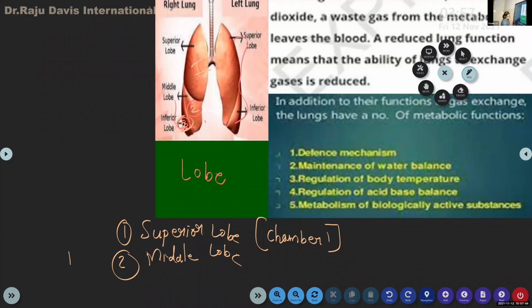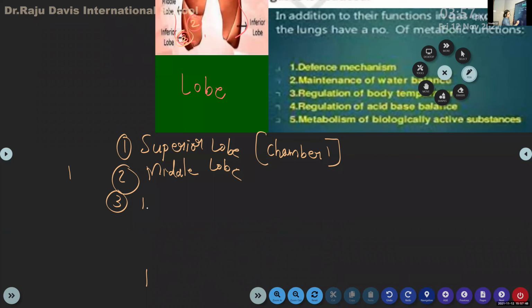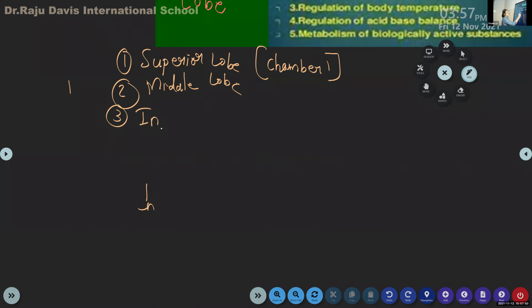And the third chamber, we call it the inferior lobe. So this is chamber 2, this is chamber 3. So there are 3 chambers. You only learn this, we don't go into much detail about it.